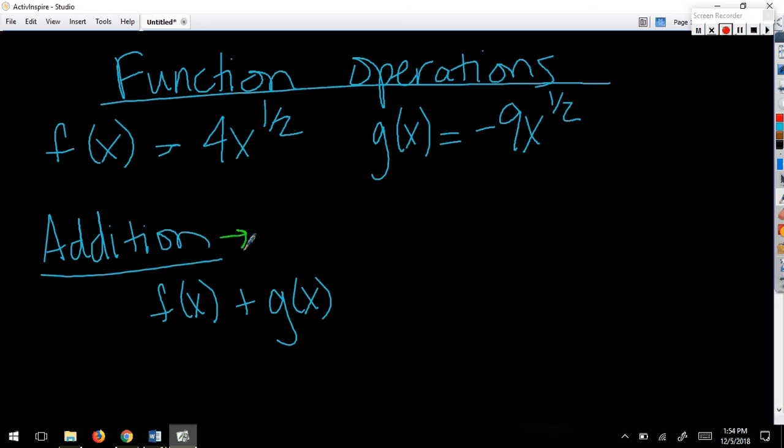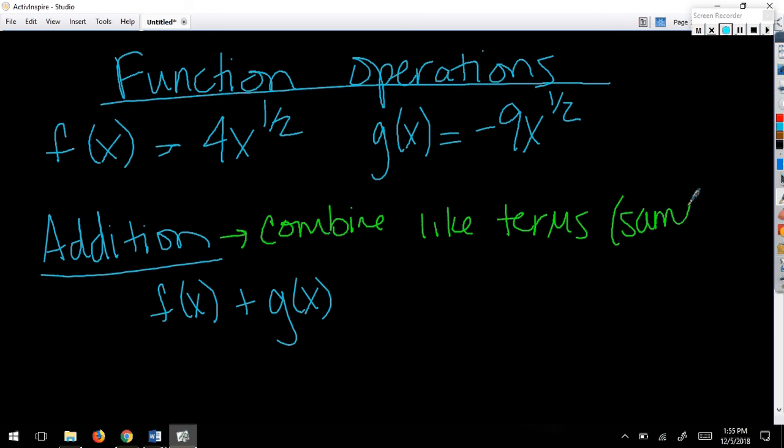Now, when you add, you can only add what? It starts with an L. Like terms. What does it mean to be like terms? The same variable and exponent.